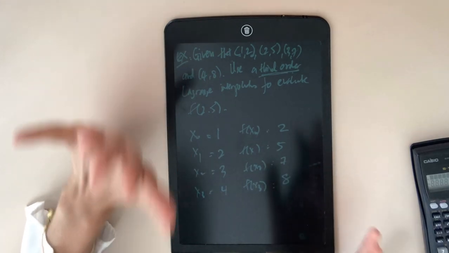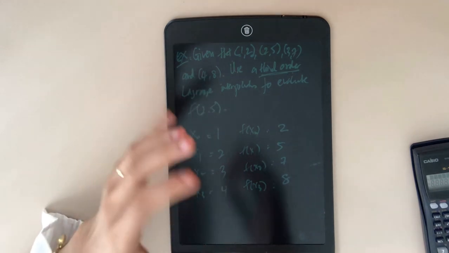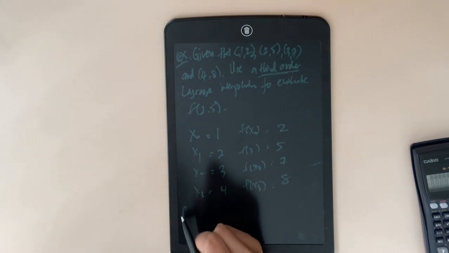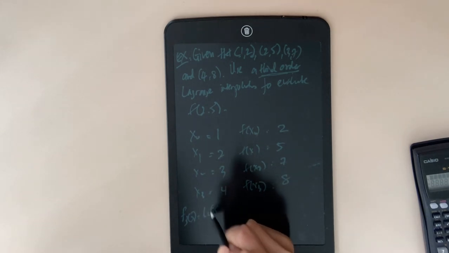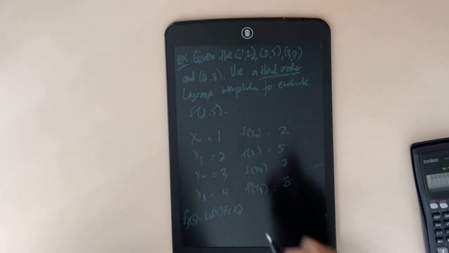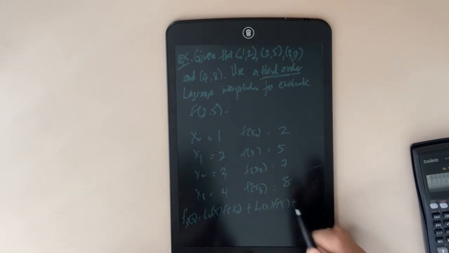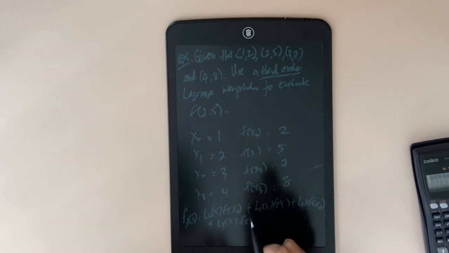Basically it is the same as just now, you use the correct formula. For example, for cubic F3, you should have L0x Fx0 plus L1x Fx1 plus L2x Fx2, and you have another one, L3x Fx3.